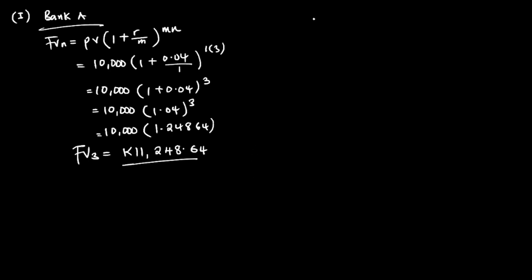We will go to Bank B. Bank B, we are told that it was compounded semi-annually. So for Bank B, the future value is equal to present value, 1 plus R divided by M, to the power MN.